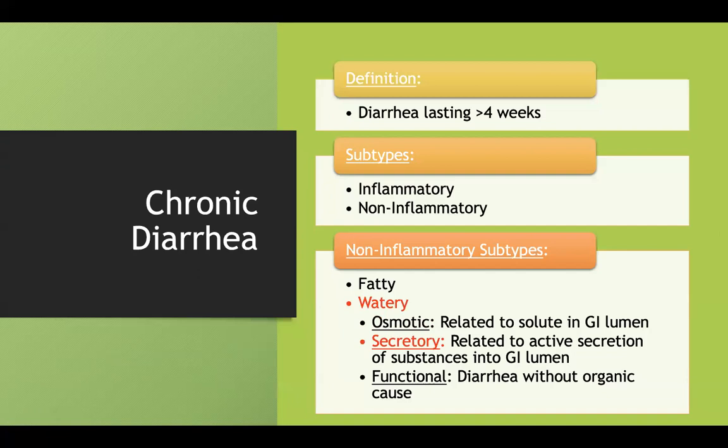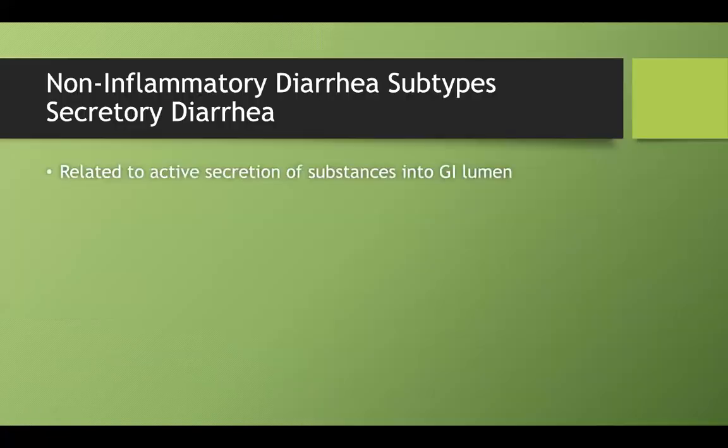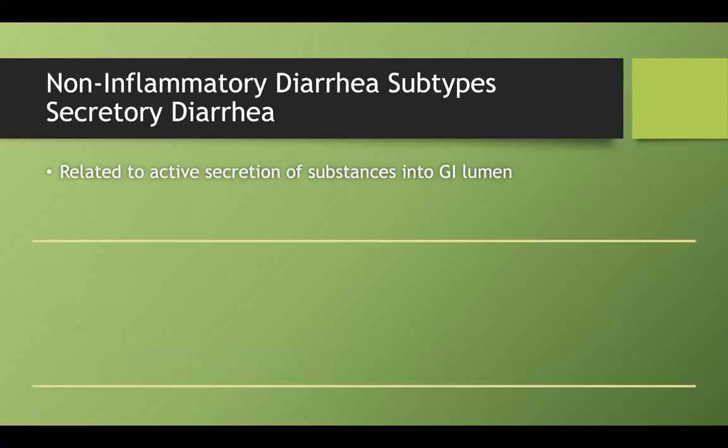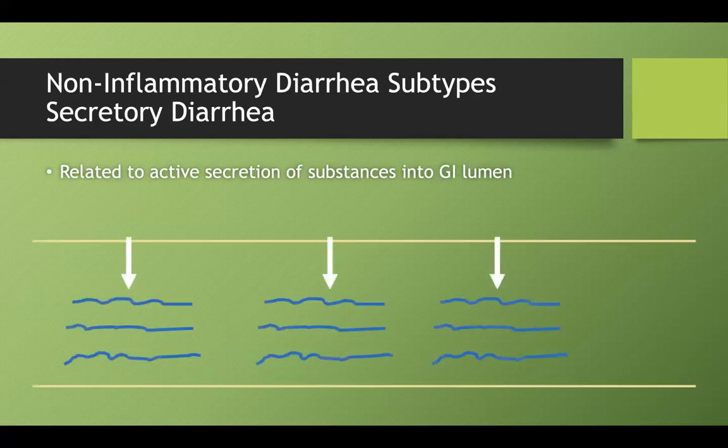Let's contrast that with secretory diarrhea. So this is caused by active secretion of substances into your lumen. So if this is our lumen, you're going to have active secretion of all these water and electrolytes into the lumen and out into the stool. And so this will present as constant diarrhea, including at night.